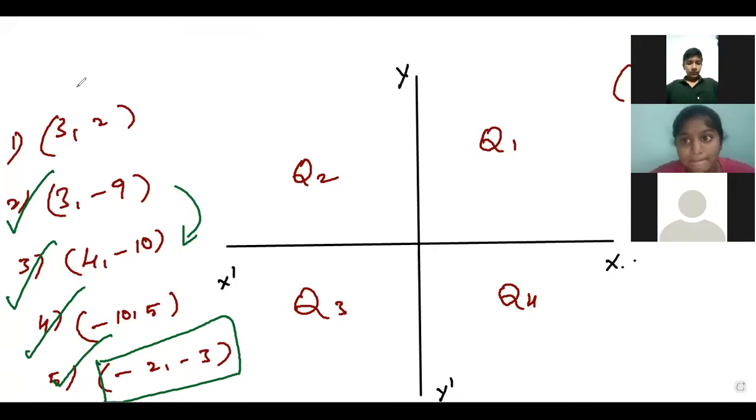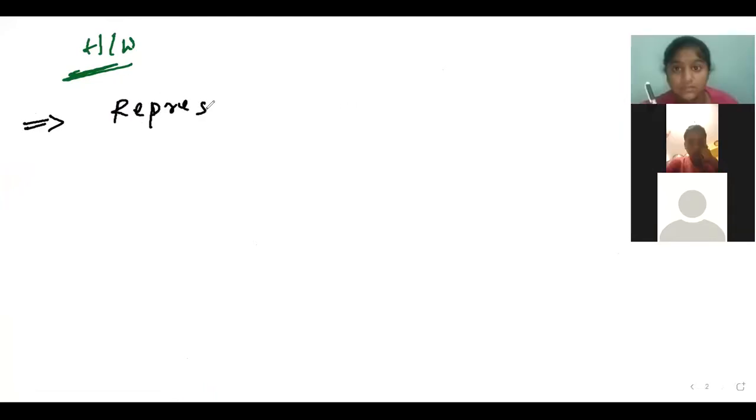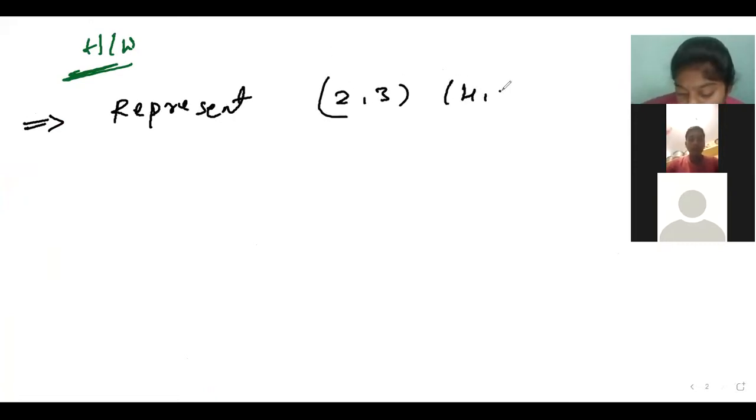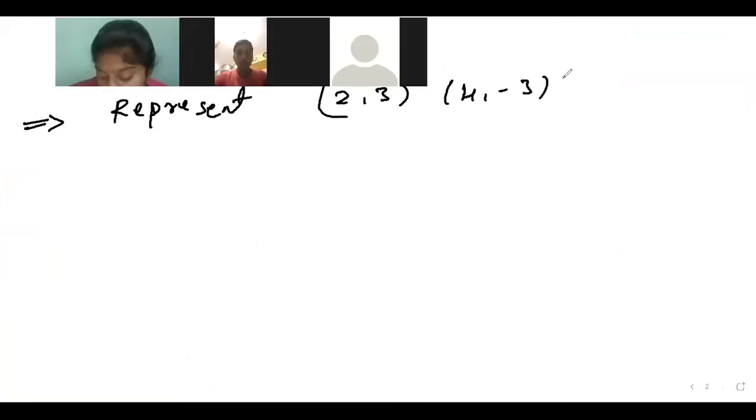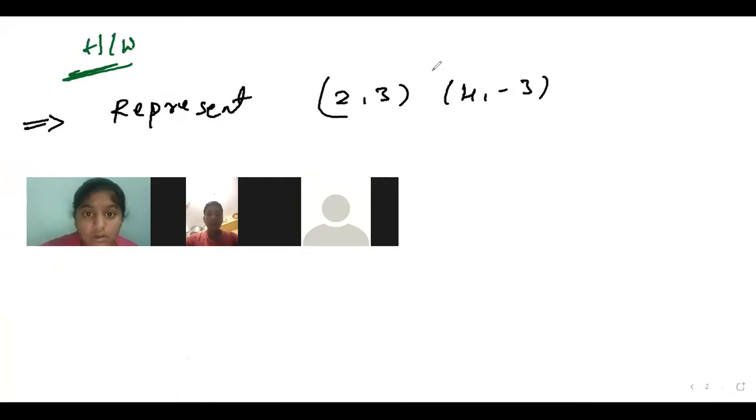So let us take the test homework first. Represent 2 comma 3, 4 comma minus 3, or else wait, we don't need all these things.